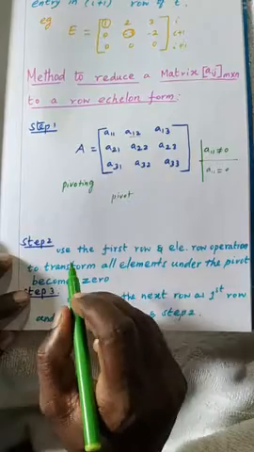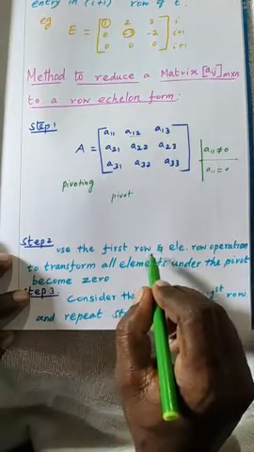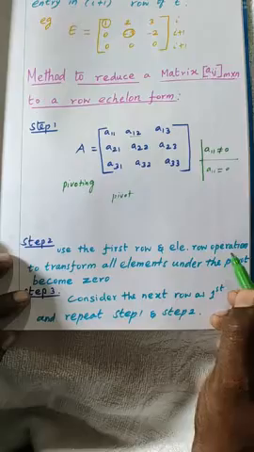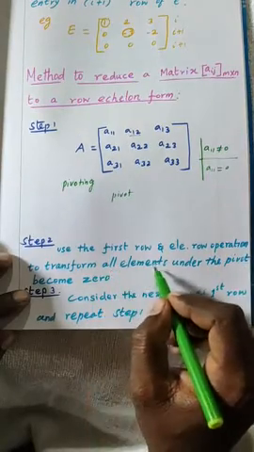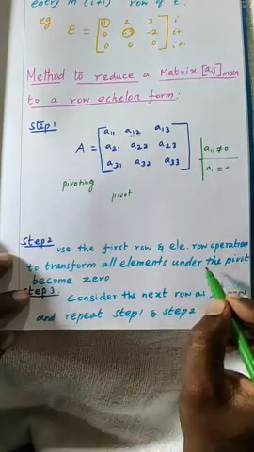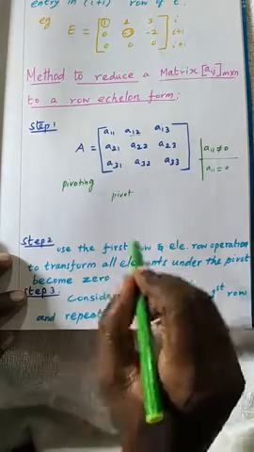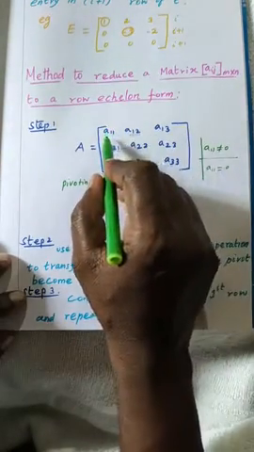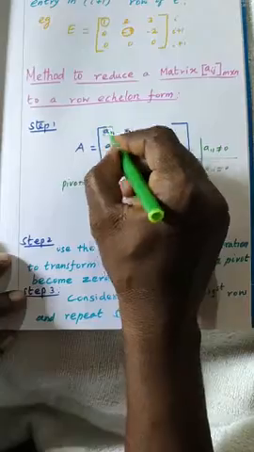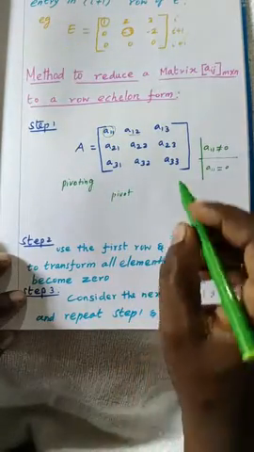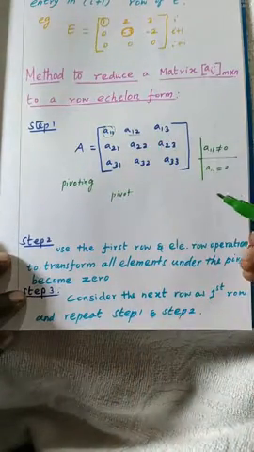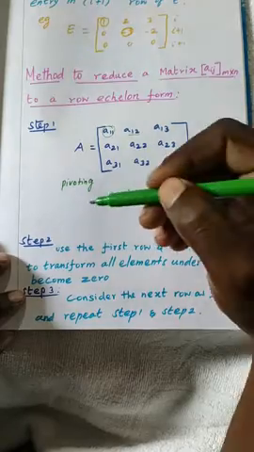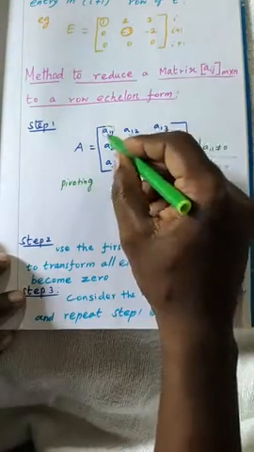And then step 2 is use the first row and the elementary row operations to transform all the elements under the pivot to 0. So if A11 is not equal to 0, this is a pivot. Then we have to use the elementary transformation to make 0 of all the elements under the pivot.